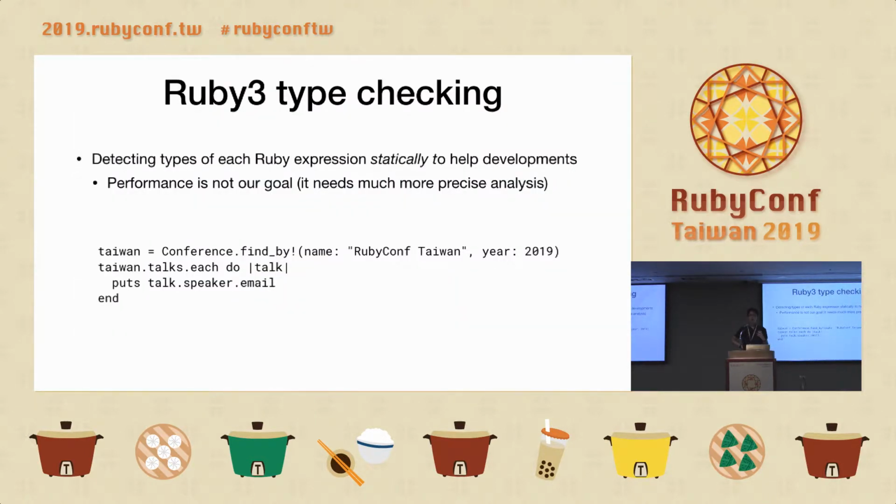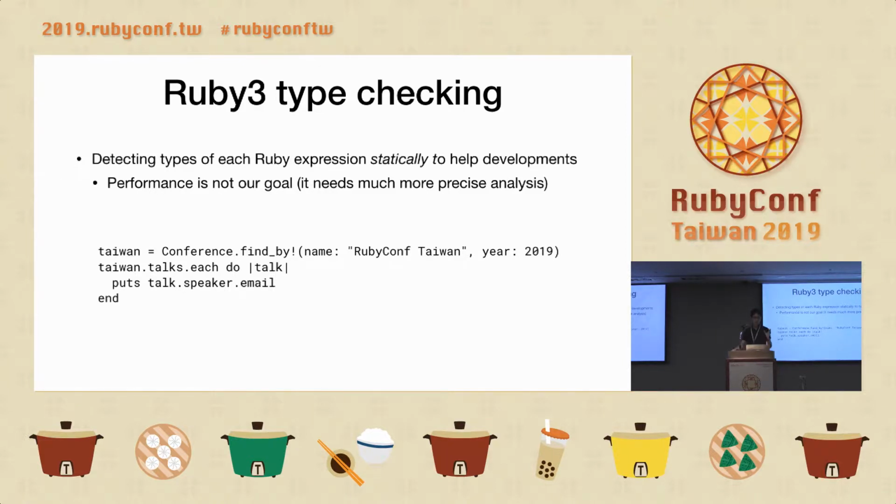For static analysis, we try to implement a type checking tool for Ruby 3. It detects the types of each Ruby expression without executing the Ruby program. And the goal of type checking is to help development.